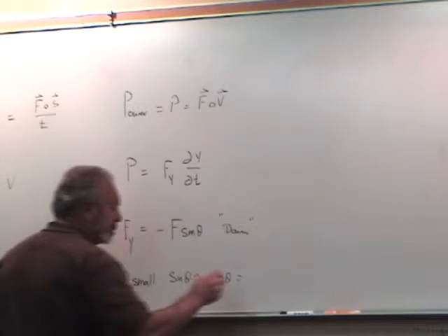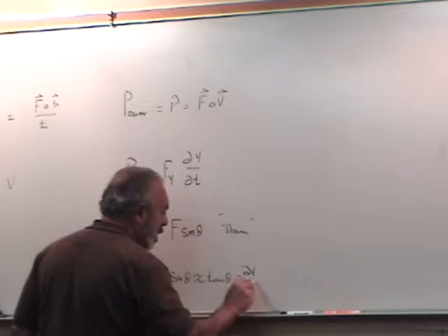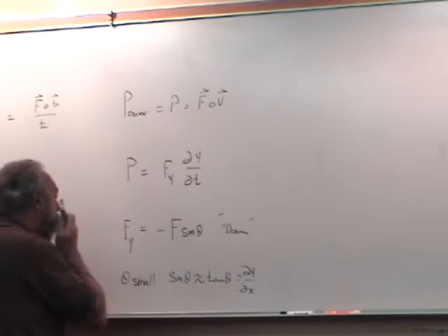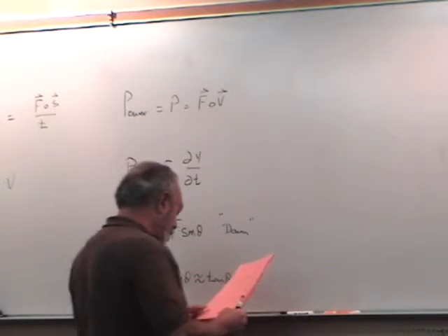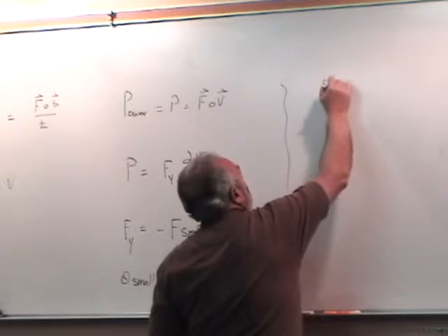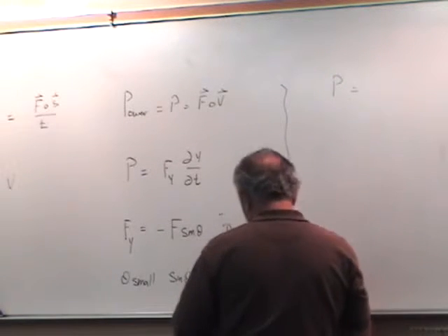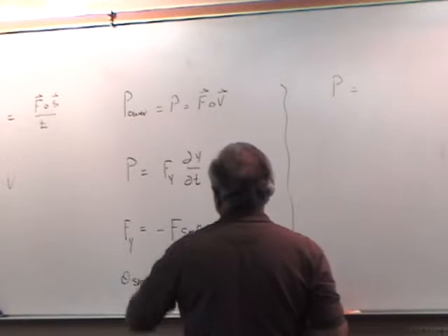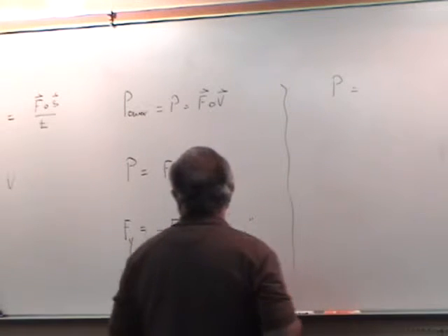It's the slope. Well, that's really nifty because now you see power is going to be simply F in the y times dy dt.